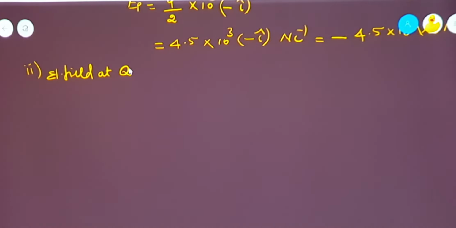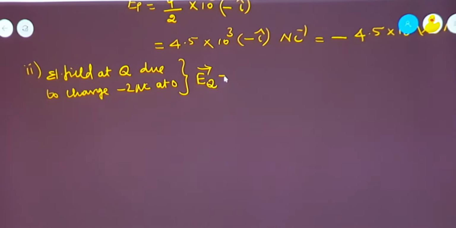You look at the diagram in your notebook. Point Q due to what? The charge minus 2 microcoulomb at O. What is the electrical field? Let us consider it as EQ vector. What is the value?